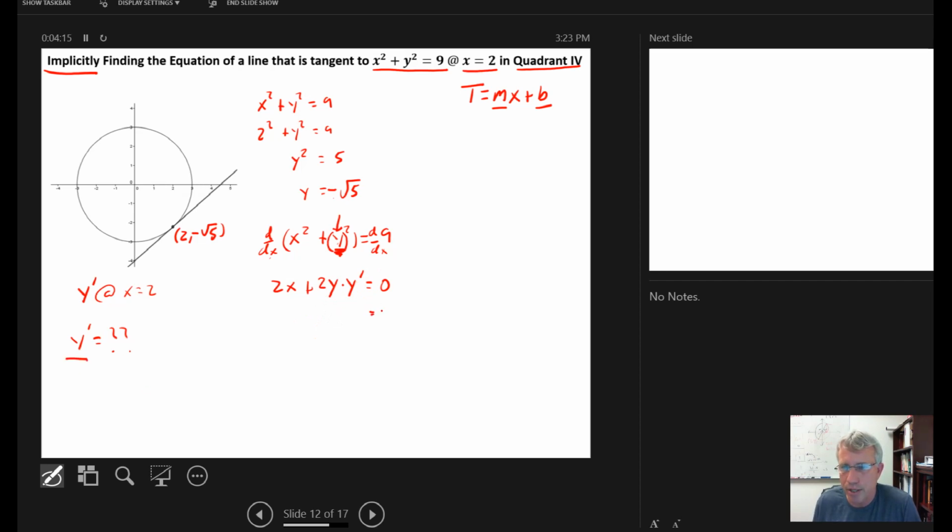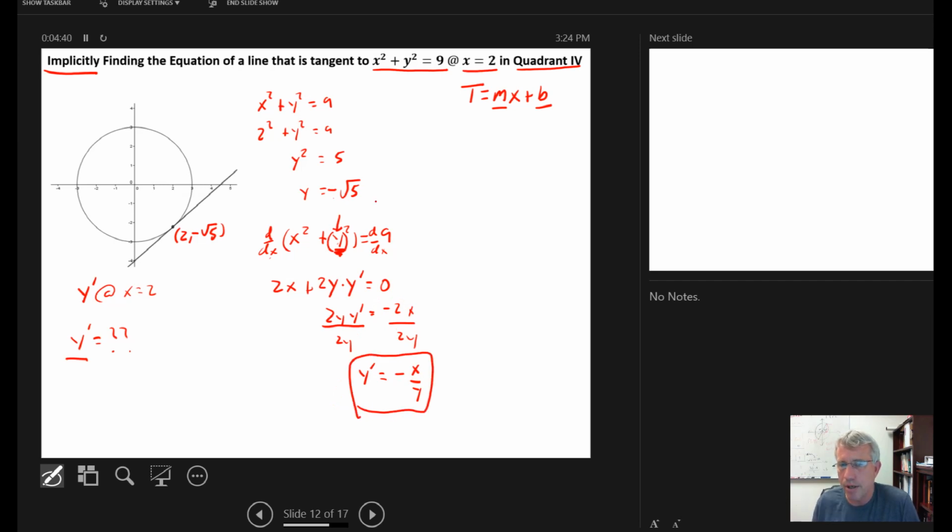So first subtract the 2x from both sides, which leaves 2y times y prime. And then divide both sides by 2y. And then when we do that, we get y prime is equal to the opposite of x over y. So there's what the derivative equals.